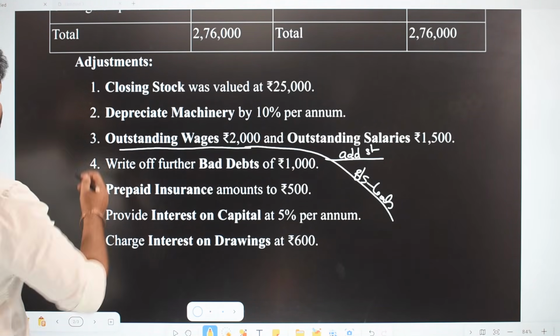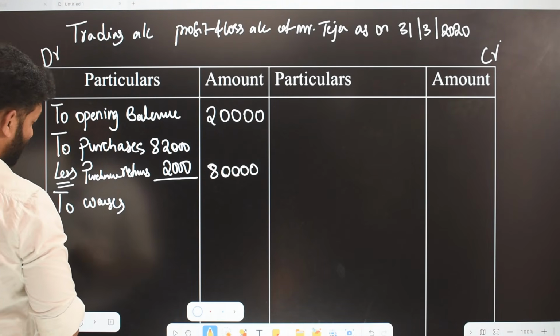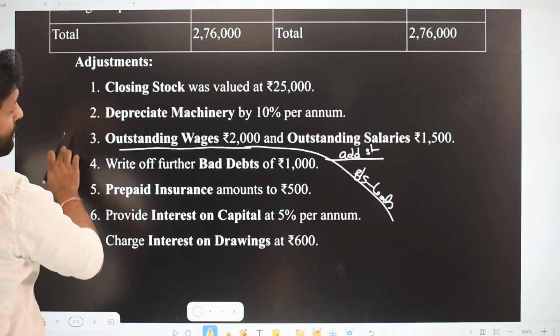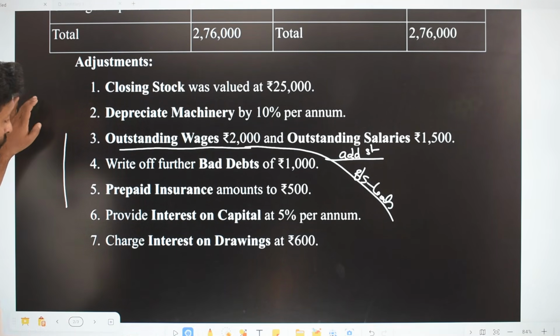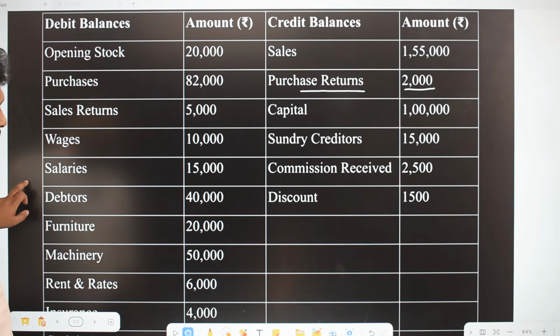wages 2,000. Now wages, outstanding wages is 2,000. Now what is the amount? Yes, outstanding wages is 2,000. The wages amount here is 10,000.